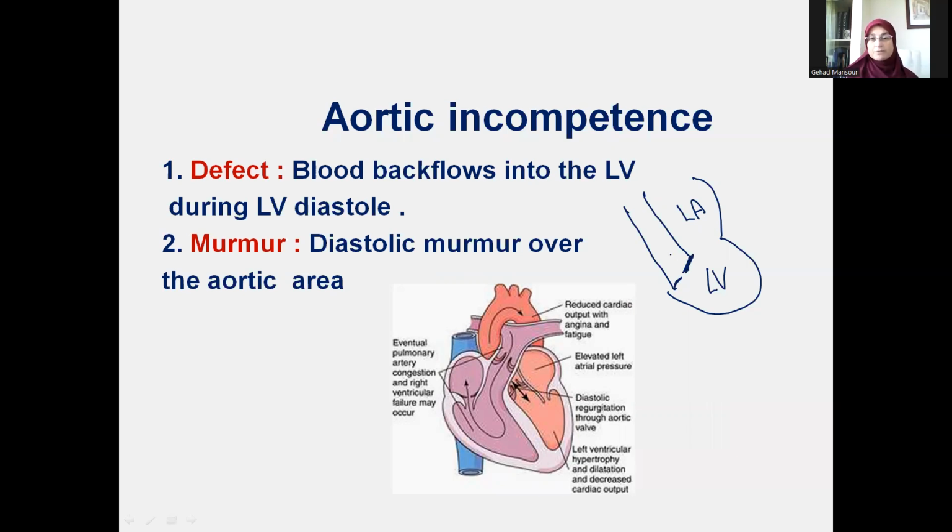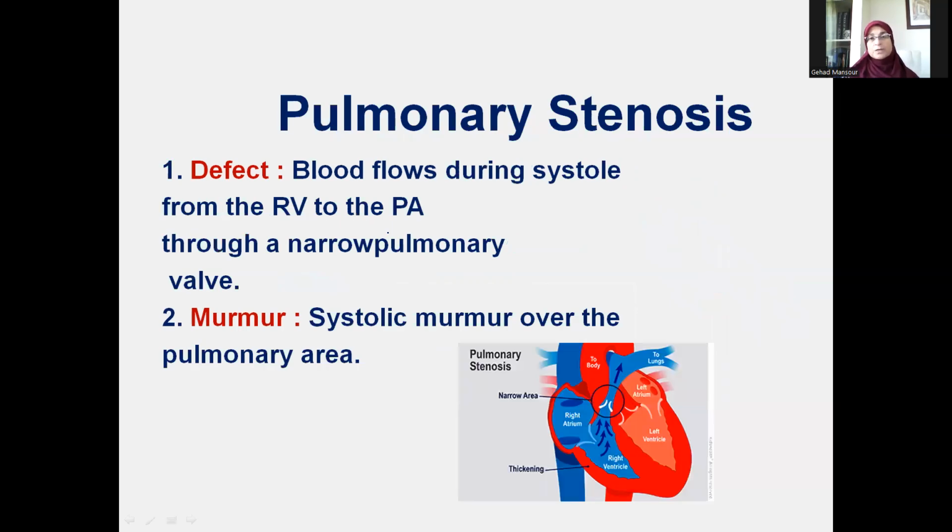But if the aortic valve is incompetent, then some of the blood will backflow or regurgitate from the aorta to the left ventricle, especially since the pressure in the left ventricle has diminished after the ventricle has pumped all its blood into the aorta. So in such a case, there would be a murmur because the aortic valve did not close completely, and that murmur will be a diastolic murmur, again in contradistinction to mitral incompetence and tricuspid incompetence.